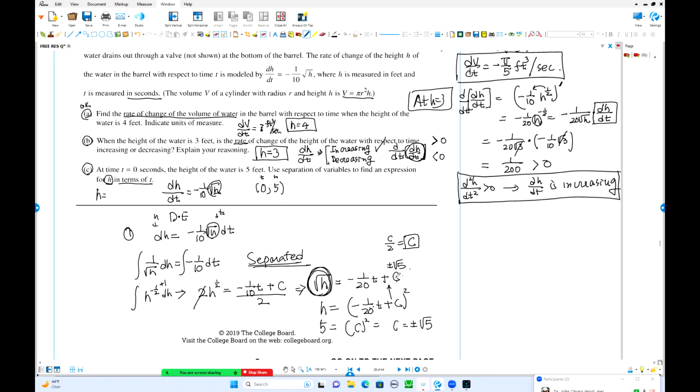When t equals 0, taking the root, positive equals positive. So only positive. So finally h equals negative 1 over 20 t plus square root 5. That is h as a function of t. That's the solution.